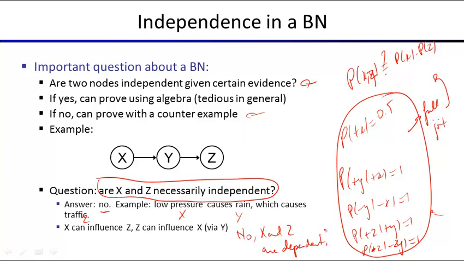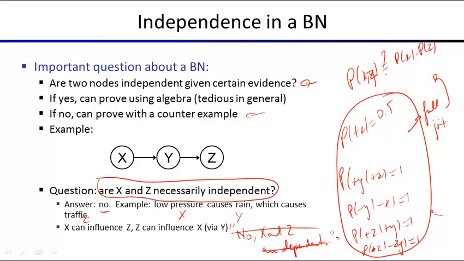If they're not necessarily independent, wouldn't that mean that I can just say they're dependent? We're not saying this, and you'll see this throughout this lecture. We're never claiming that things are dependent.